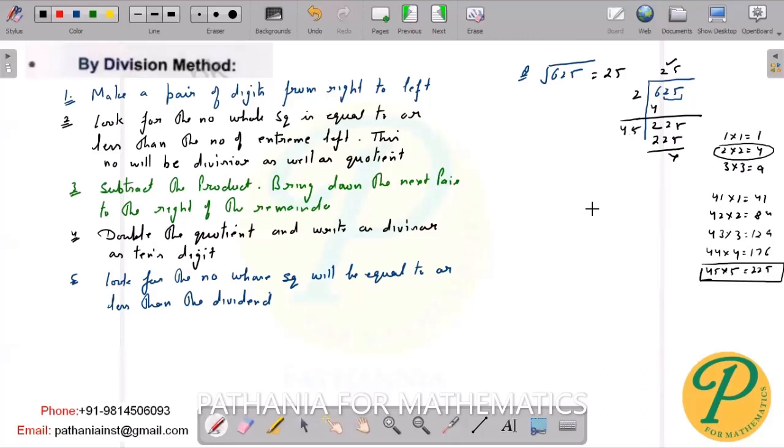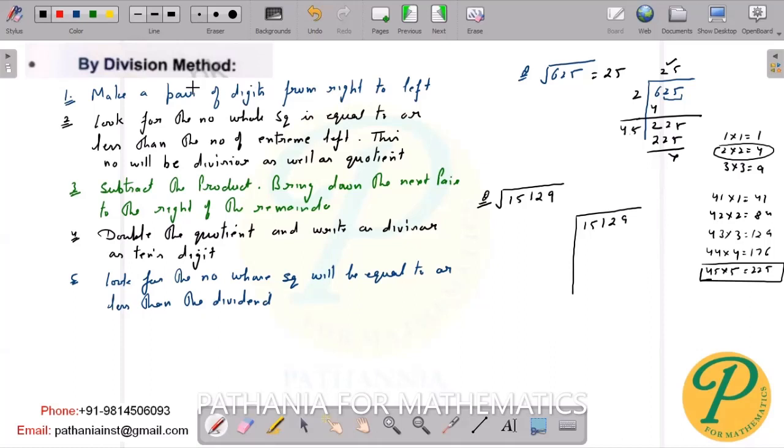And when you do not have a perfect square, at that time, wait, here we take one more example. Like we have to find out the square root of 15129. So start the square root.